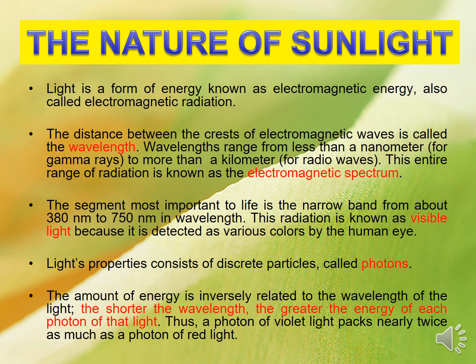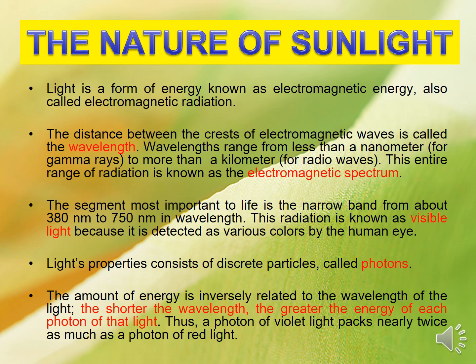In the whole electromagnetic spectrum, the most important part that you need to remember is from 380 nanometers to 750 nanometers. Why do you always need to remember this spectrum?